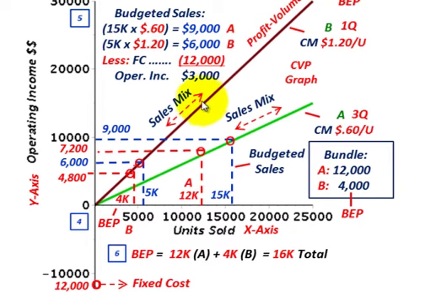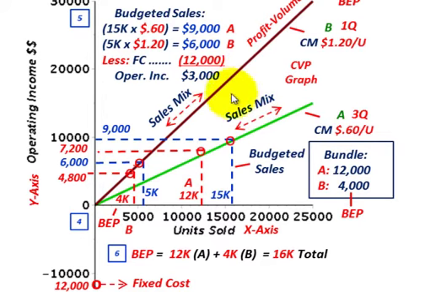And this is where the sales mix comes into play. Just looking at the steepness of the line for product A, that's that 60 cents per unit. For every unit you sell of product A, 60 cents goes toward operating income. So just looking at the steepness of the lines, you can see where the sales mix comes into play.